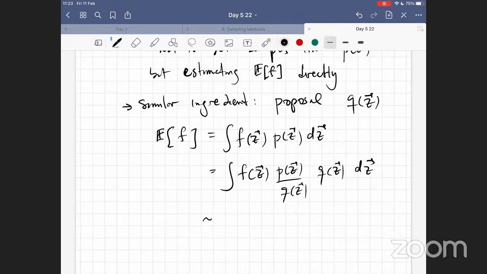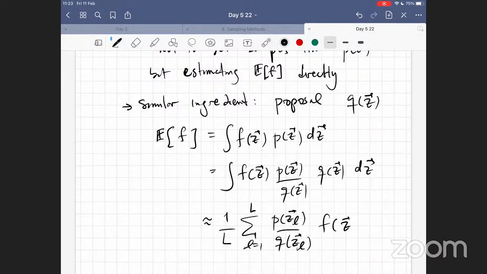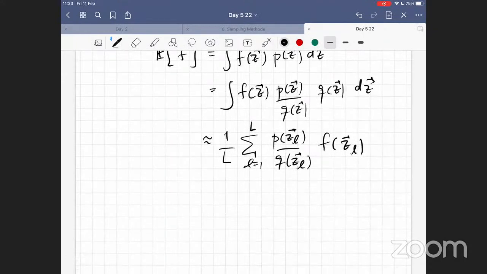So this is approximated by 1 over L, sum from 1 to L, capital L, of this fraction times the function that we want to average, where the z's are samples from Q. And these fractions are called in the literature the importance weights.